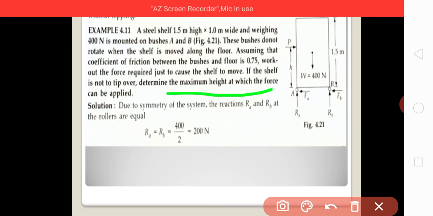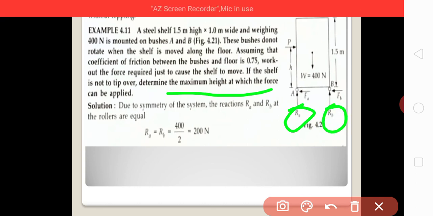This is a similar condition as it was told in the first problem, almost similar. So, when this shelf is kept on the ground, by symmetry you can find out the weight which is distributed here and here centrally.